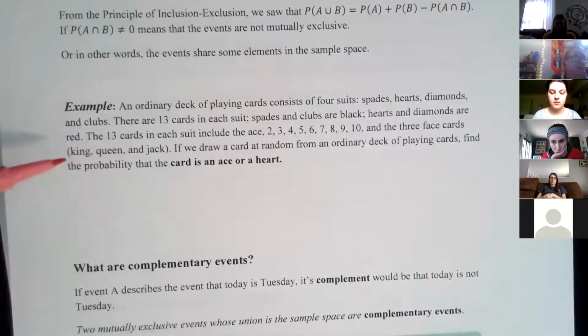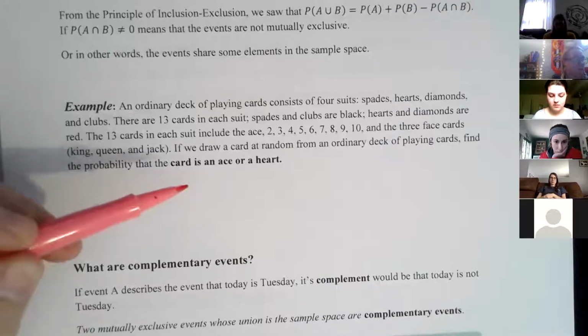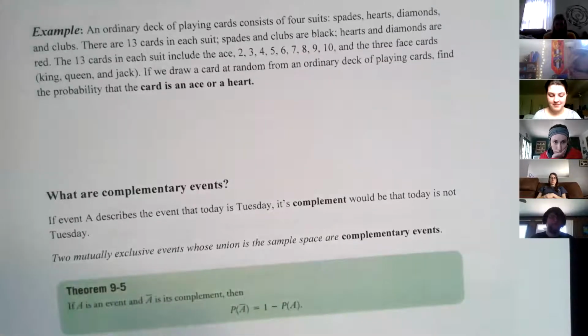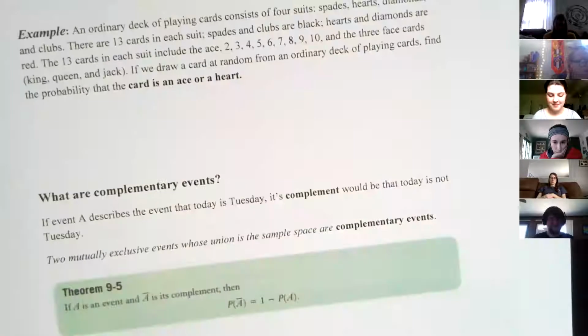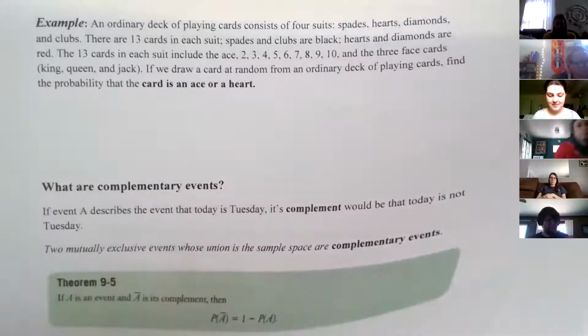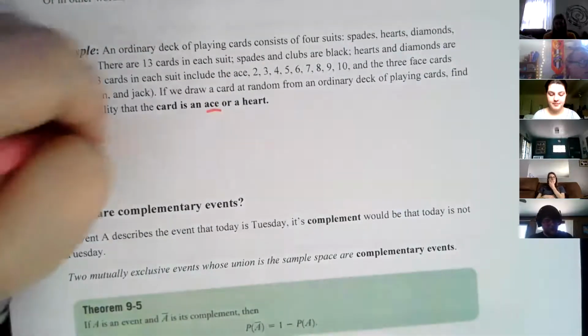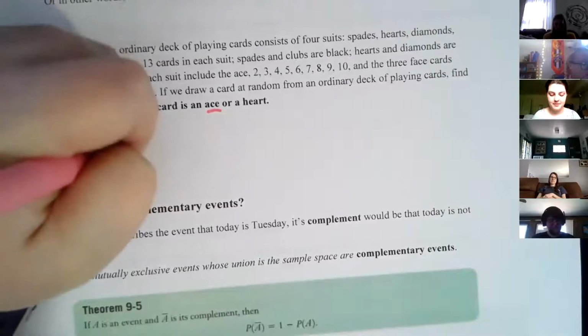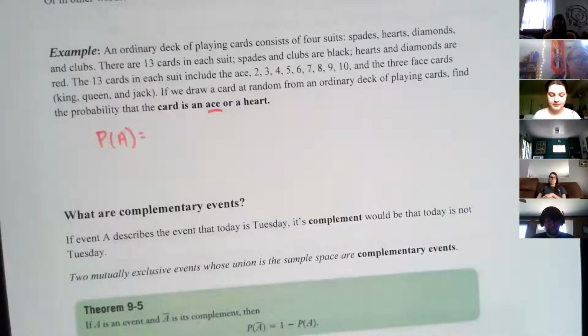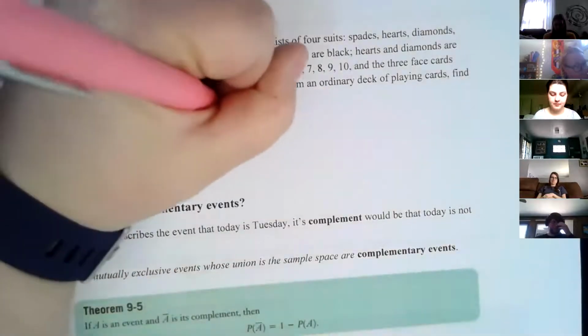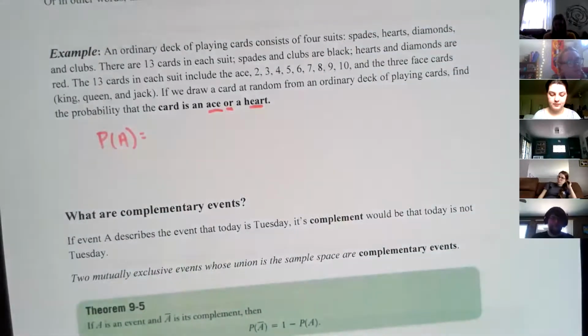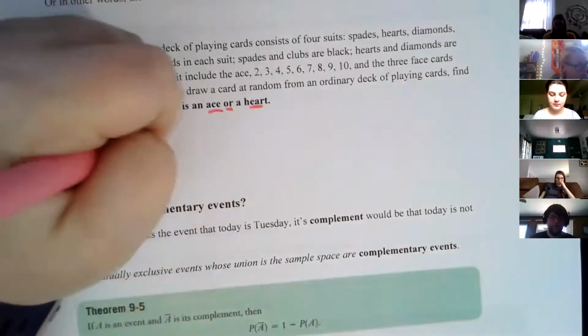So if we go back to that example, we were looking at the card being an ace or a heart. That means that they were mutually exclusive, right? Or not. So if I look at the probability of us drawing an ace, what's the probability of drawing an ace? 4 out of 52.